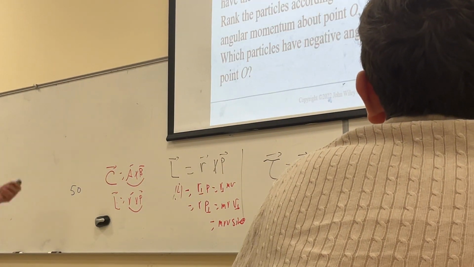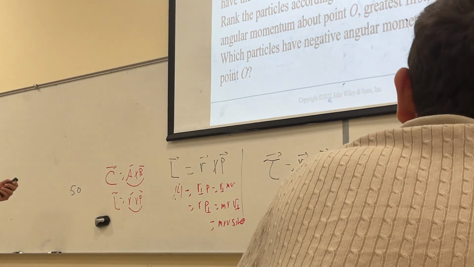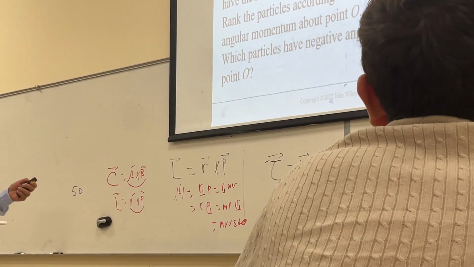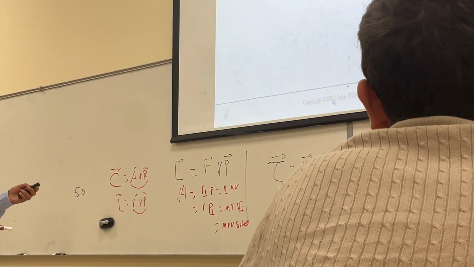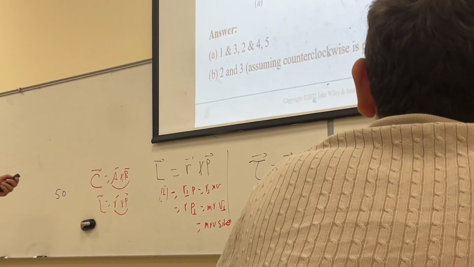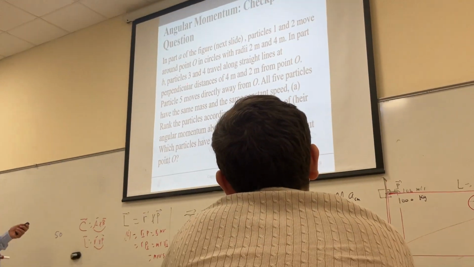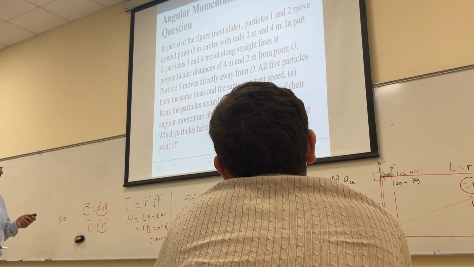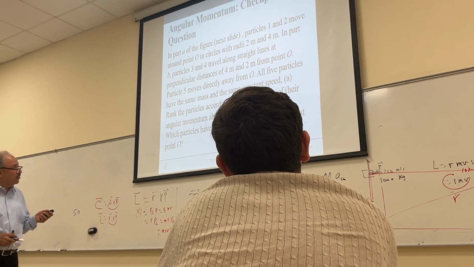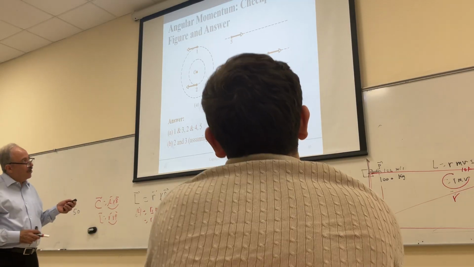Let me read it quickly. In part A, in the figure of the next slide, particles 1 and 2 move around a point O in a circle of radii 2 and 4 meters. This one rotates, and this one rotates in this direction. In part B, particles 3 and 4 travel along straight lines at perpendicular distances 4 and 2 meters from O. This one is approaching, this one is going away from the origin.